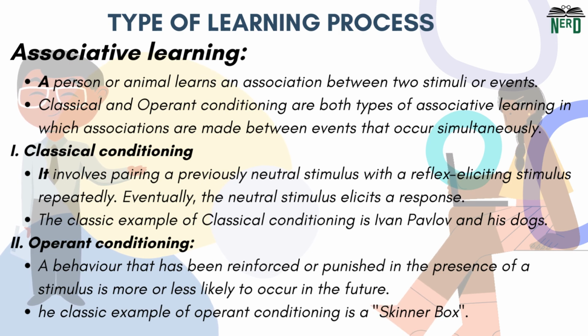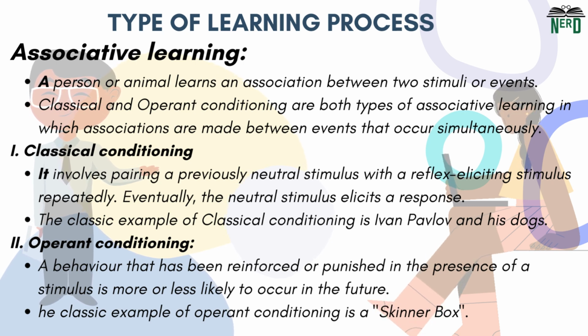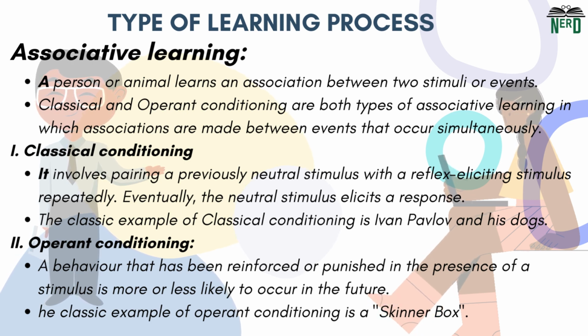Classical conditioning involves pairing a previously neutral stimulus with a reflex eliciting stimulus repeatedly until the neutral stimulus produces a response on its own. The classic example of classical conditioning is Ivan Pavlov and his dogs, which we have already discussed in detail.